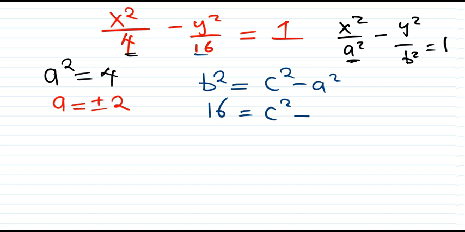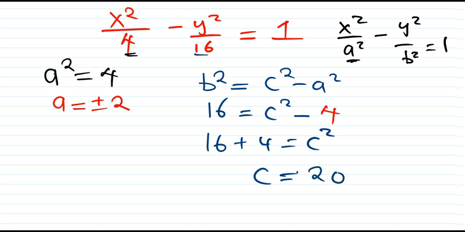So we'll just put the 4 directly, and then our goal is to find the constant c. So collect the like terms. This is equal to c squared, so c squared becomes 16 plus 4, which is 20, so c is the square root of 20. So we found our c now.